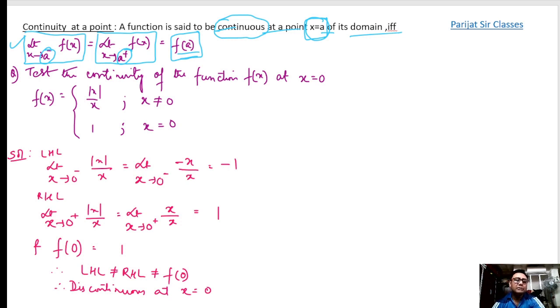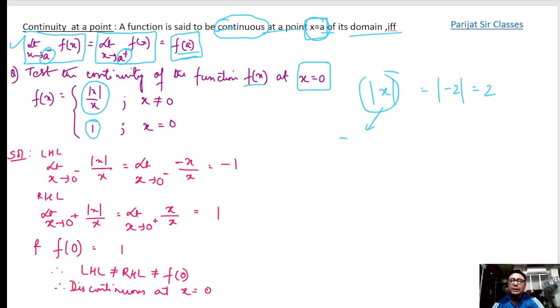Here, first question, they are telling us to test the continuity of the function f(x). Our function is of two types, one is this and one is this, and we have to test it at x equal to 0. As we all know, modulus of minus 2 will be taken as plus 2, so modulus means anything will become positive.